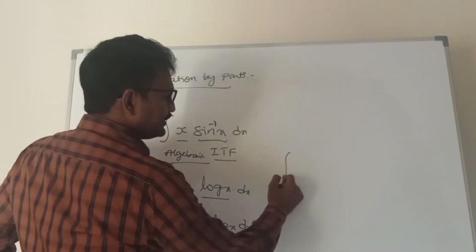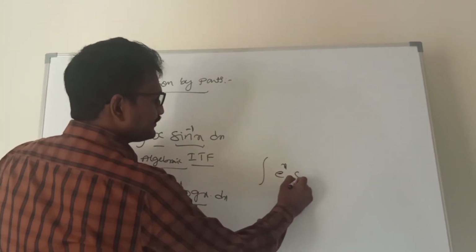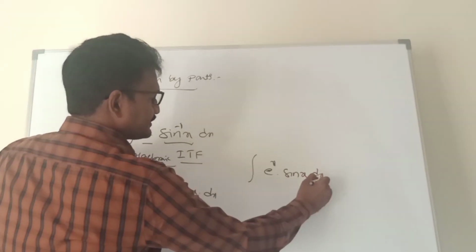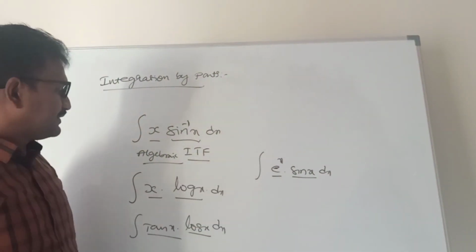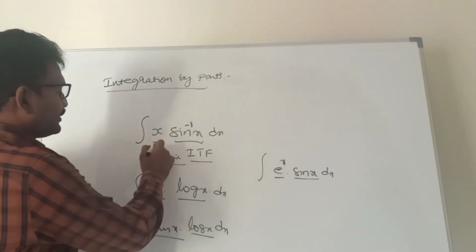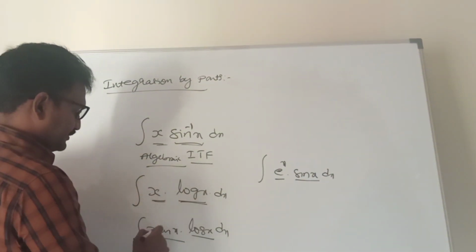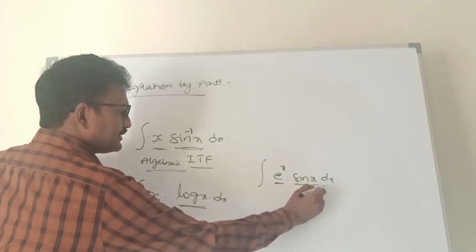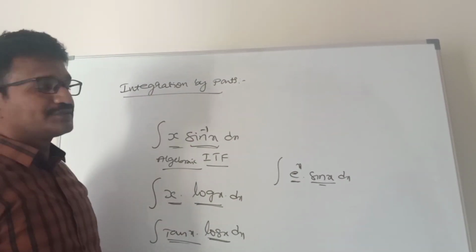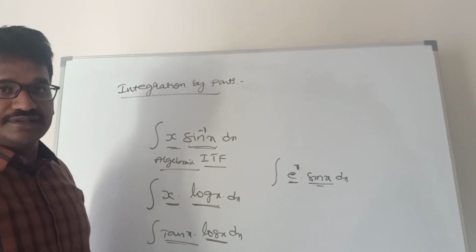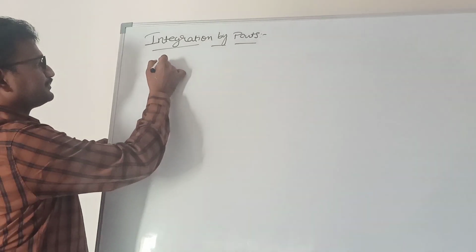Next, suppose you have e power x into sin x. See, sin x is a trigonometric function, e power x is an exponential function. So if we have two different functions, then how to integrate the given function? We will use a concept called integration by parts.